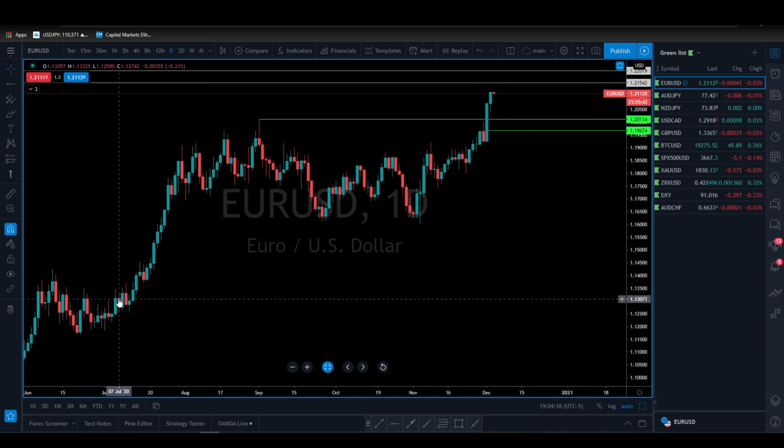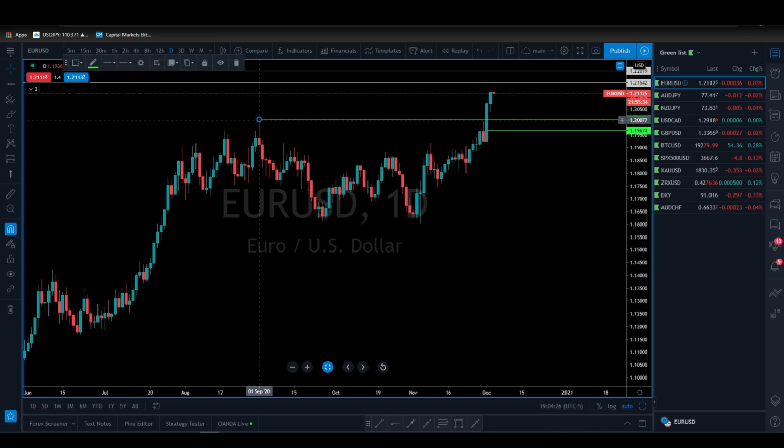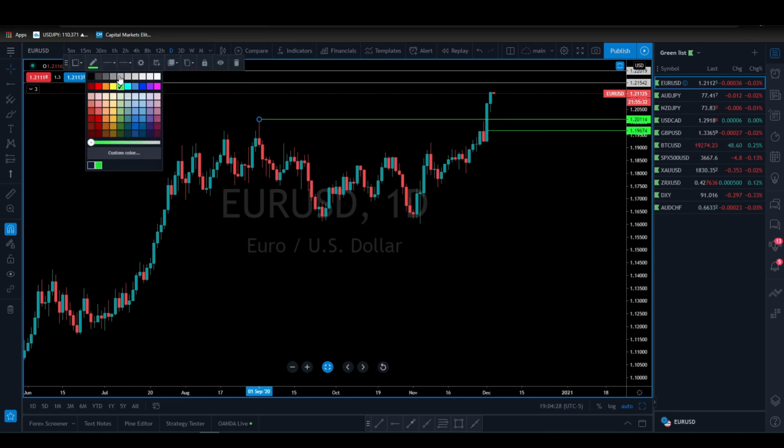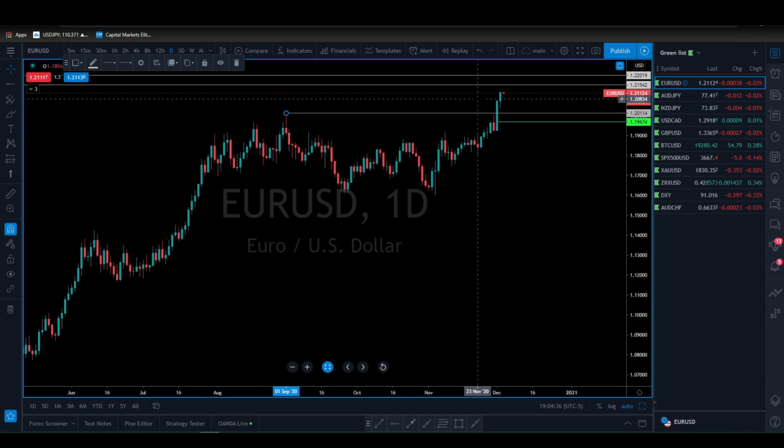So basically, if you have a lot of weakness in the dollar, you're going to have strength in the euro. We were looking for this high to get breached, because it's the last high that was put in this range from this last climb. So we're at like yearly highs at the moment.